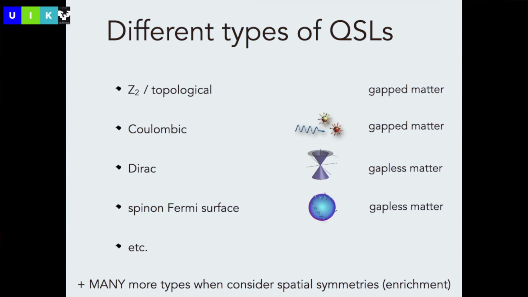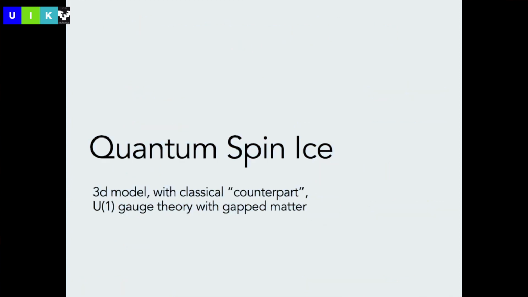Another version of this, which we'll also discuss, is really topologically ordered and has edge states of Majorana fermions, which corresponds to the Ising-Moore-Read phase, also discussed by Adam. There are many more types when you consider symmetries, and I'm not going to go into the classification. Some subsets have been classified if you put in constraints. So let me go on to describe what quantum spin ice is, and hopefully this will make things clearer.